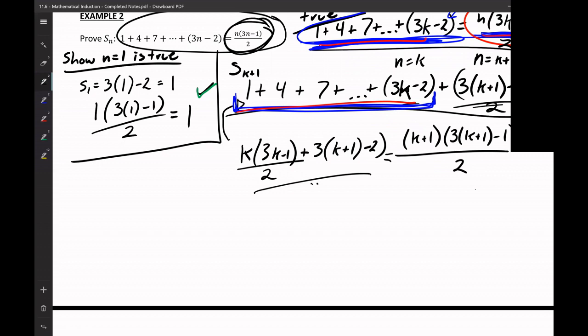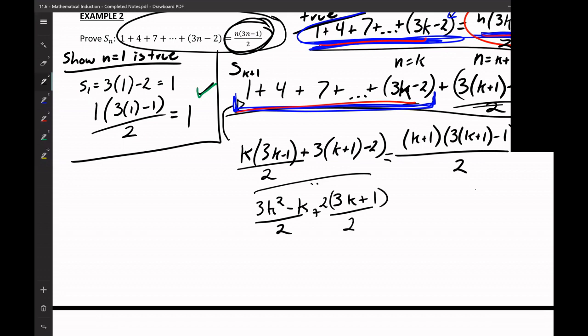And then distribute this as well. This becomes 3k squared minus k, so this is 3k squared minus k over 2 plus 3k plus 1 divided by nothing, because we can't do anything yet. But if I wanted to make this over 2, I could multiply it by 1 in the form of 2 over 2, and then I could put everything together.